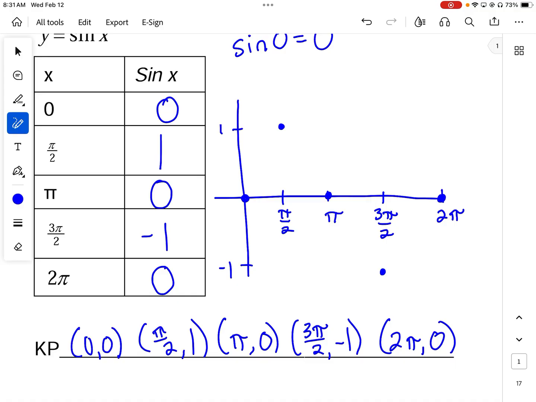And we're going to connect it with a smooth curve, like this. So that is our sine function, y equals sine of x. It's basically our parent function for the sine function.